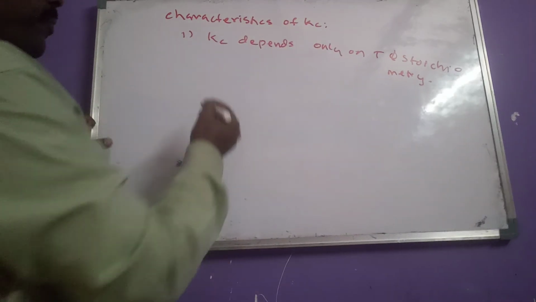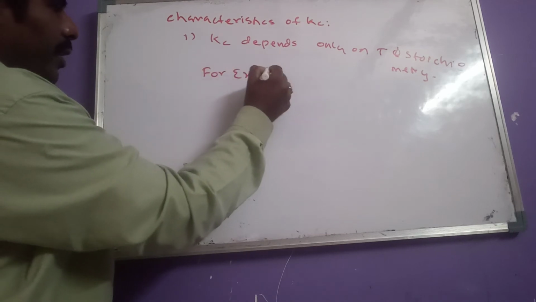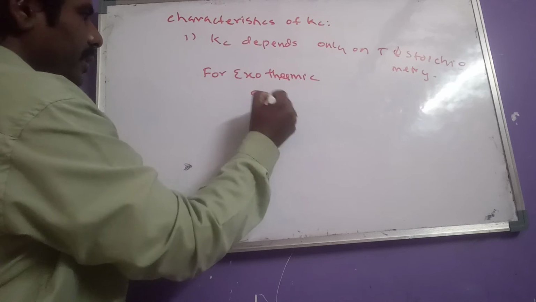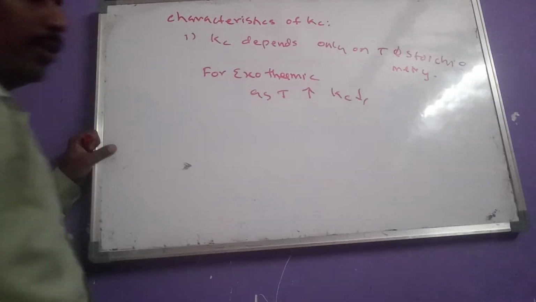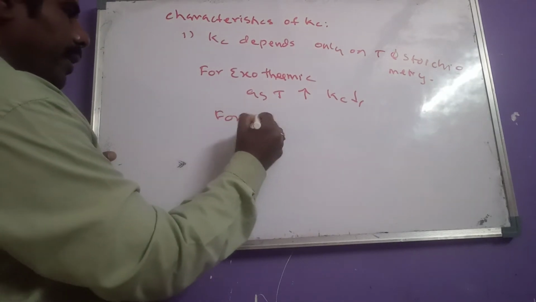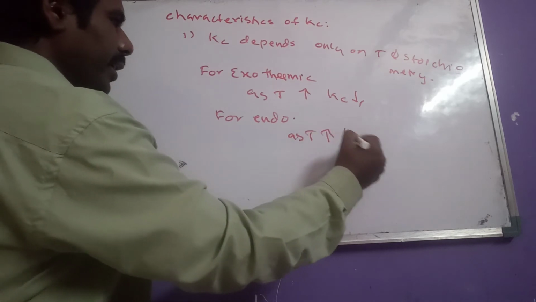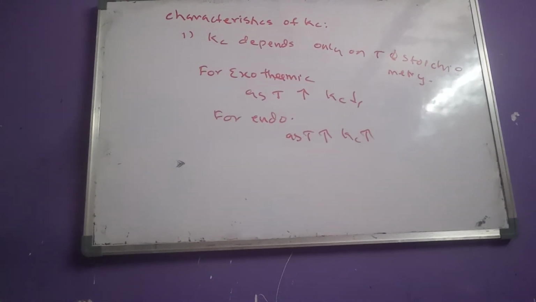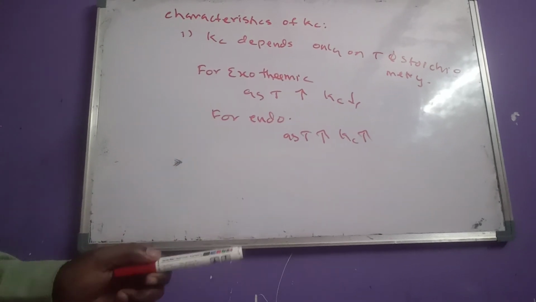So for example, for exothermic reactions, as temperature increases, Kc value decreases. But for endothermic reactions, as temperature increases, Kc value also increases. So like that, Kc depends on temperature.